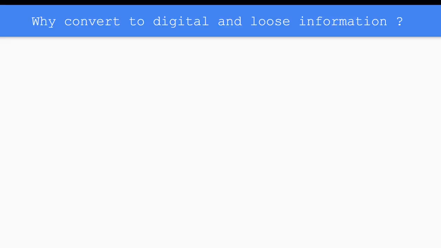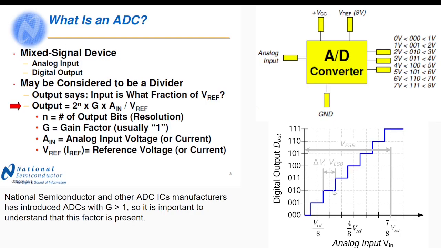Why convert to digital and lose information? That is a very important question, because as you can see here, assume that this analog signal is going like this, a sine wave. The sine wave is continuous, but here we are just sampling, and this particular window is the error.